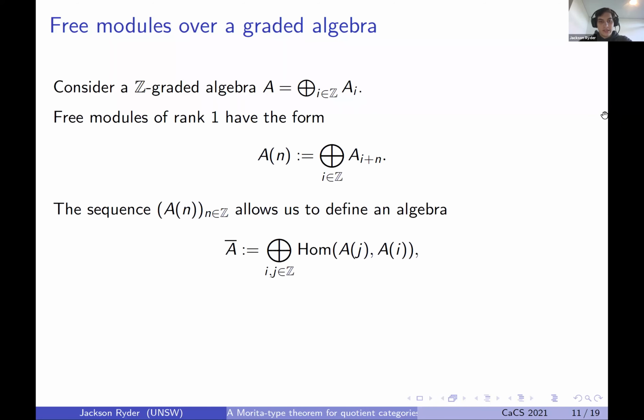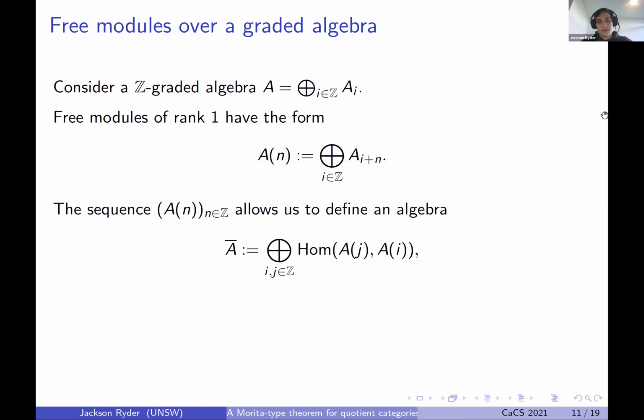And using this sequence of rank 1 free modules, we can define a new algebra, which is now bigraded, so graded by 2 copies of Z. We call it A bar. It's just given by the direct sum of all of the morphisms between these different rank 1 free modules.